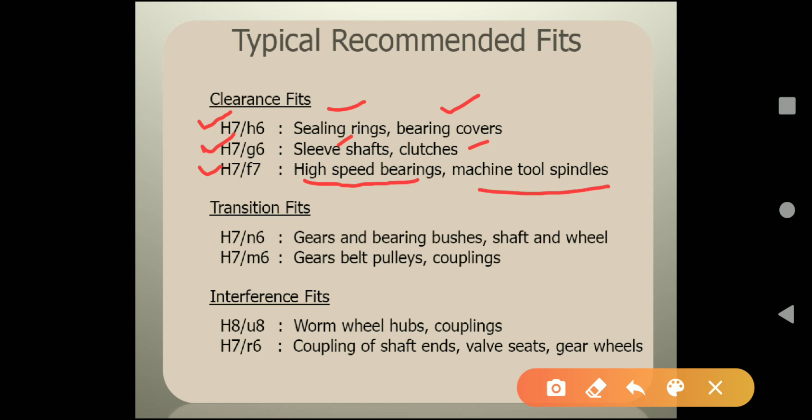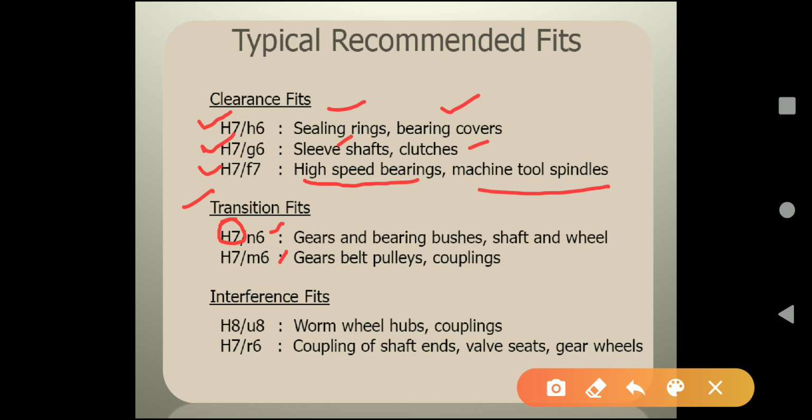Then we will shift to transition fit. Here you can see the basic hole is H7, and there are two types of shafts used here in transition fit, small n6 and m6.